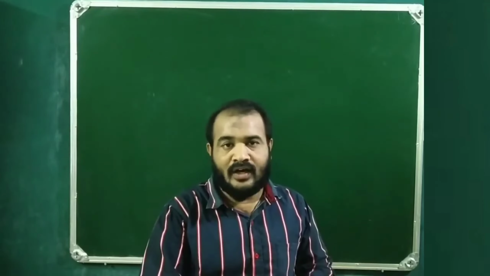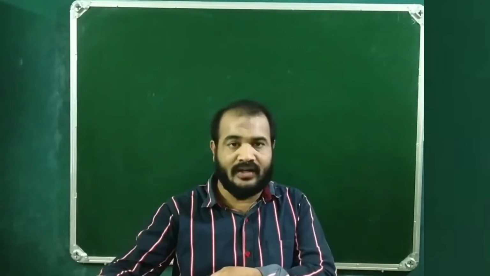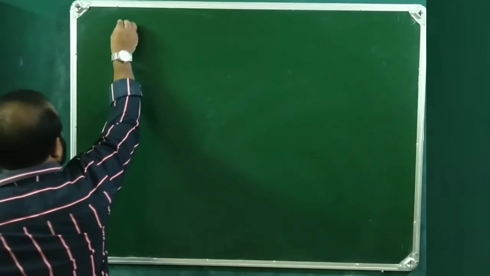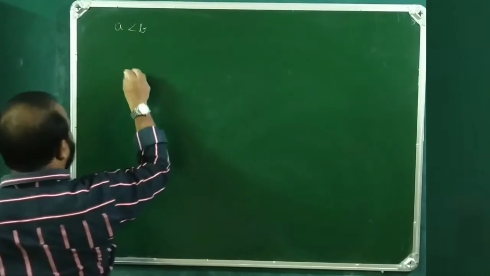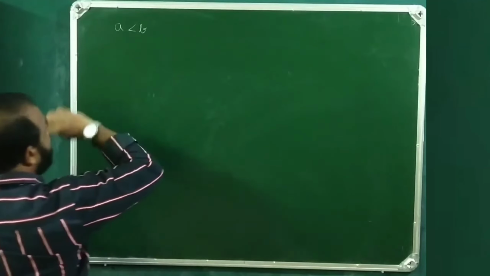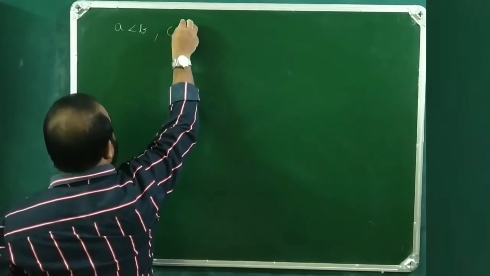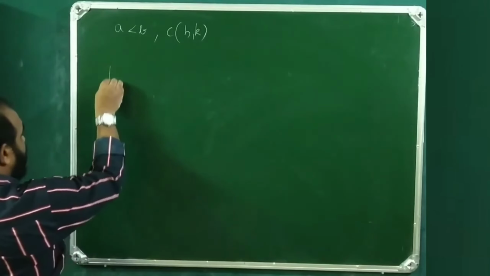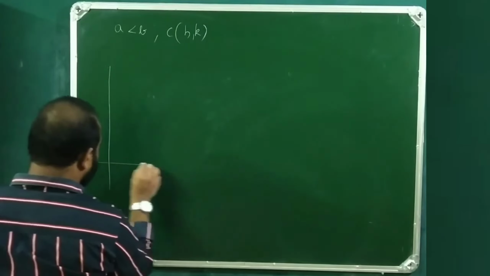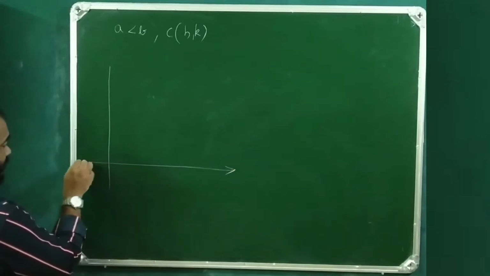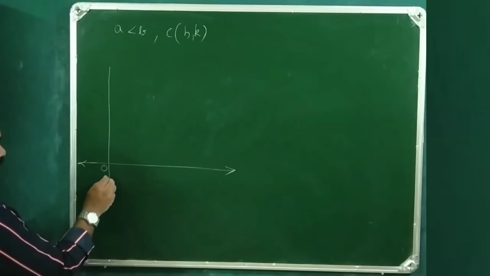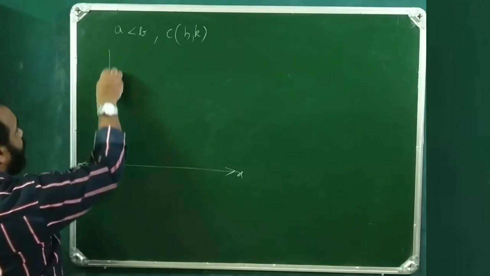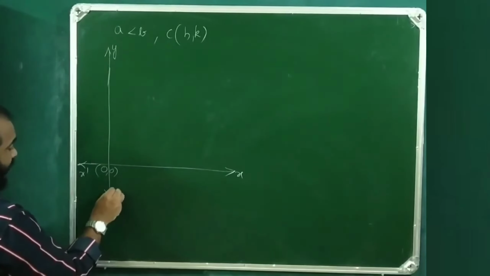So let the origin be shifted to some other point which is h comma k. So a is less than b and the center is shifted to h comma k. Let us suppose that this is the coordinate axis, with this being the origin 0 0, this is x dash and this is y dash.